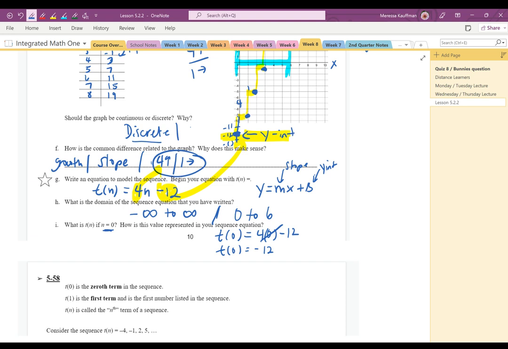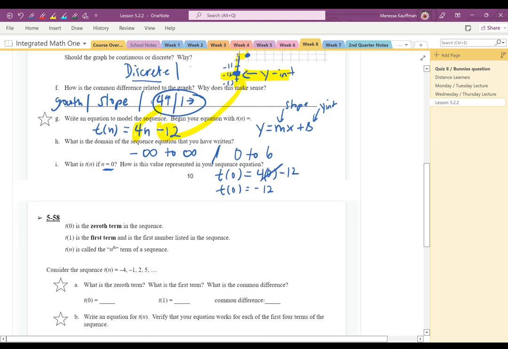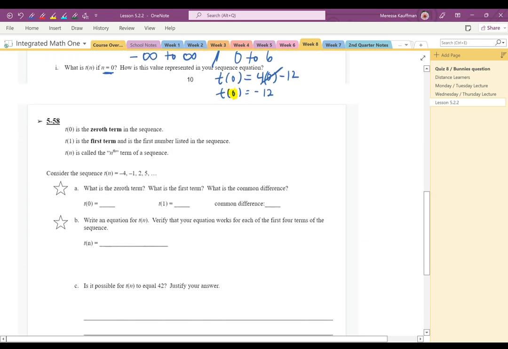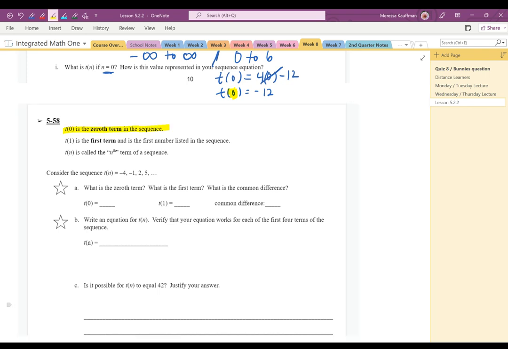But what else would that be? If it's 0 here, that's our term number. So let's keep going with this idea that this 0 right here is our term number. We have a couple of definitions. T of 0 is the 0th term in the sequence. T of 1 is the first term, or the first number listed in the sequence.